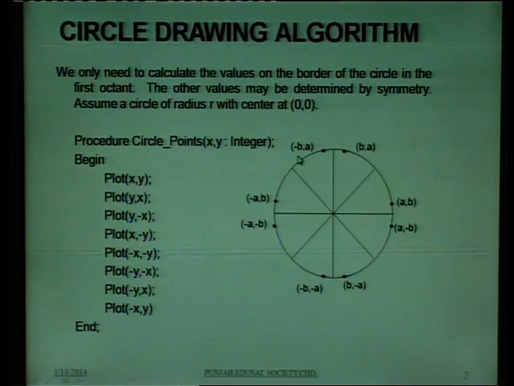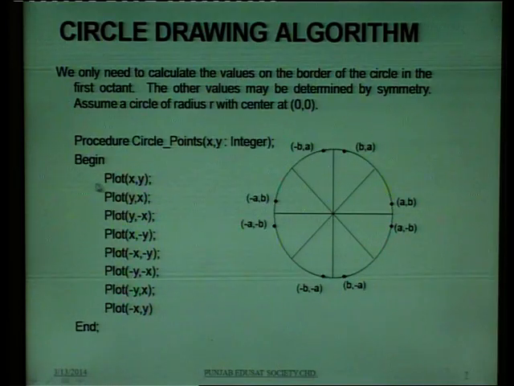So, we assume a circle of radius r with center 0 0, having the procedure of finding the points on the circle, that is the procedure circle_points with the values x and y as integers.